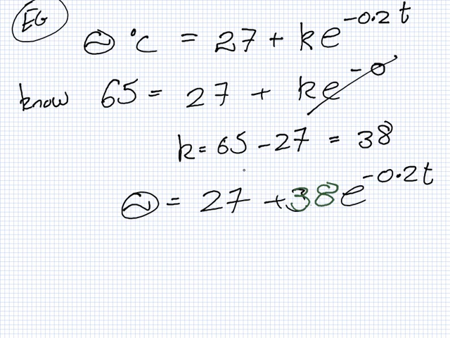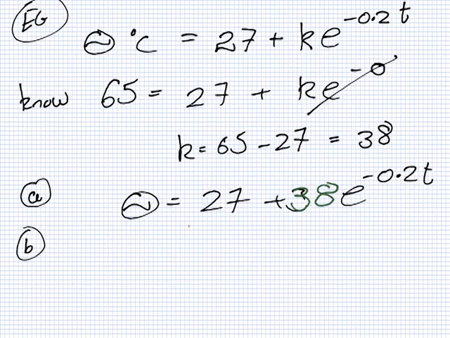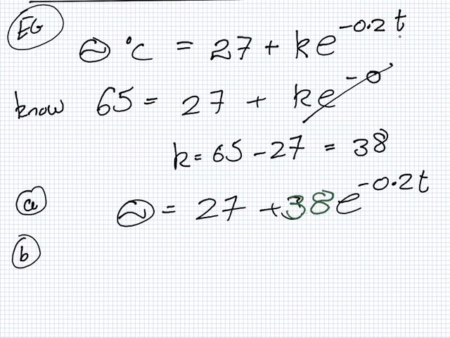Okay, so that's the first part there. The second part now is, oh, and I didn't say this, not that it was important just yet, but the time is in minutes. So now the second part is, to the nearest minute, how long until the temperature is 35?